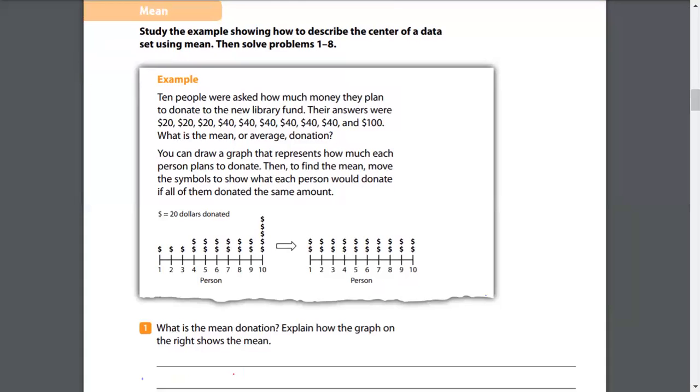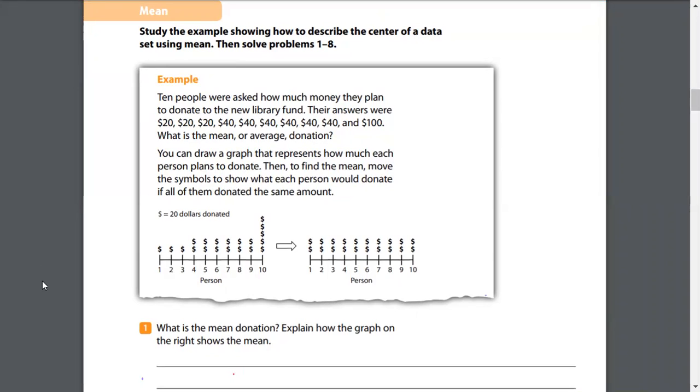So you have one person who donated 20, then you got 2 people. Each dollar sign represents $20. So the question is, what is the mean donation? And explain how the graph on the right shows the mean.